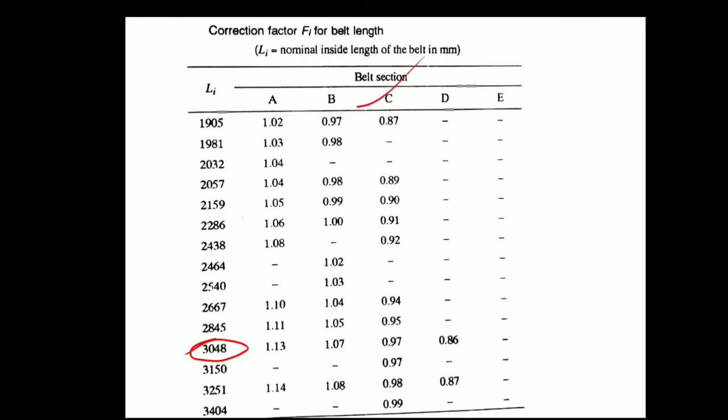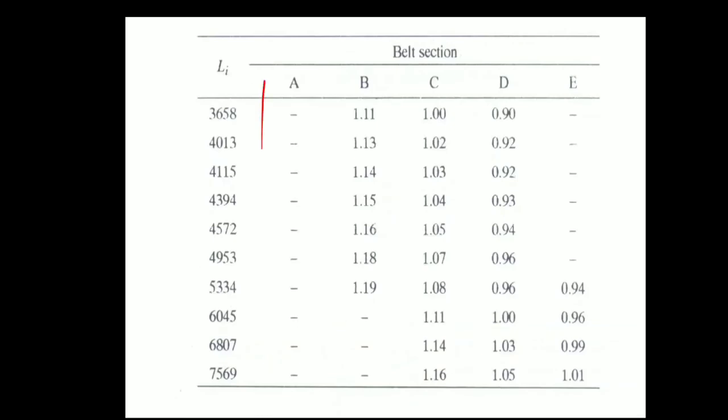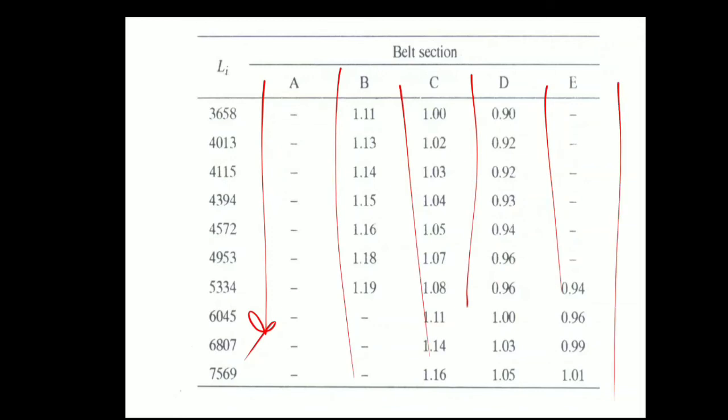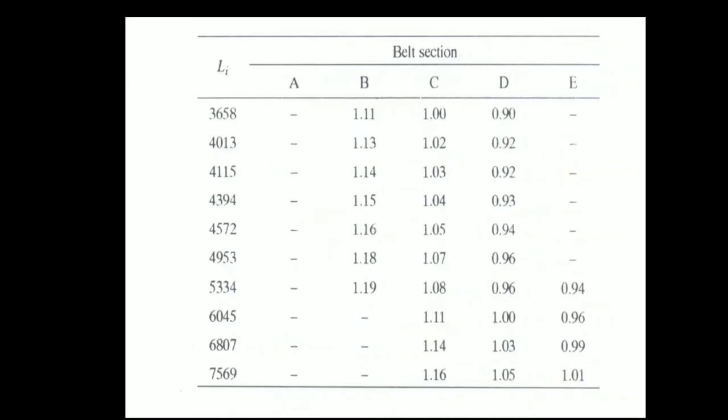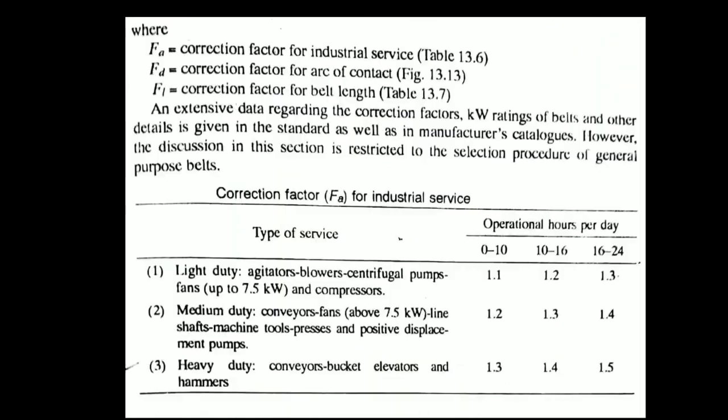For the C cross section I will get 0.97, which will be the value for Li, the inside length. Correct? This is again from the manufacturing catalog. This is also the same Li chart as per the belt section we need to select. I hope it is clear and you understood this.